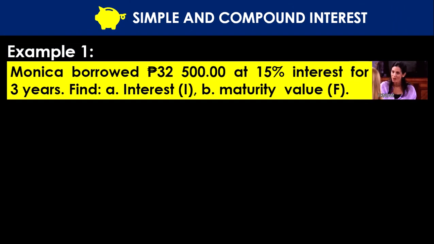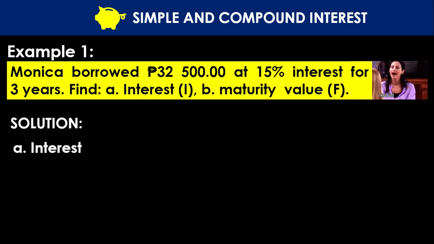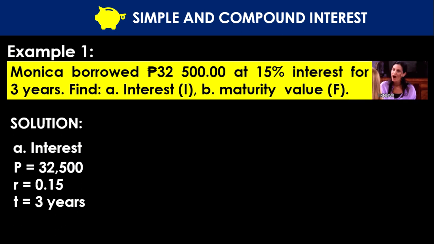Example number 1: Monica borrowed 32,500 pesos at 15% interest for 3 years. Find the interest and the maturity value. To solve this, we have our given: the principal amount of 32,500, the rate of 15%, and then the time, which is 3 years. All we need to do is to substitute that.